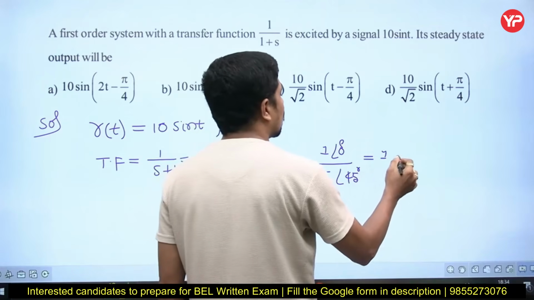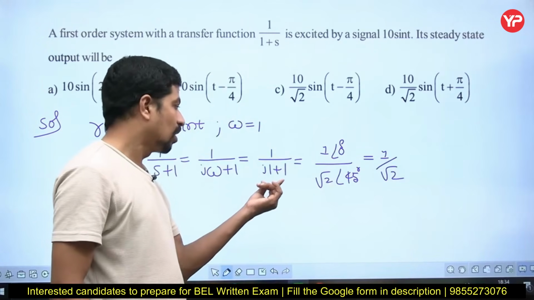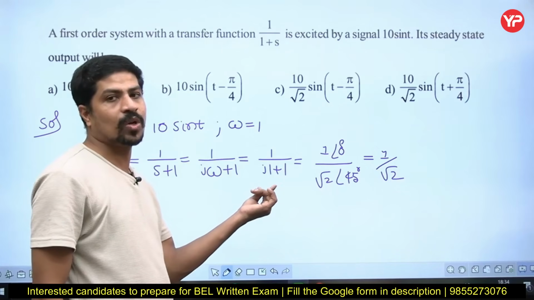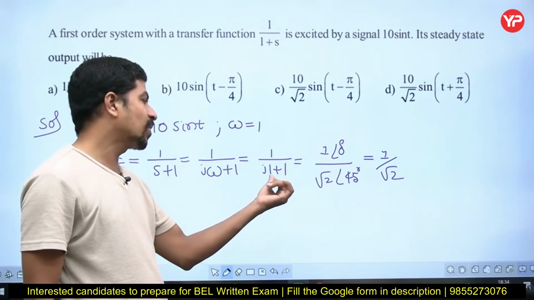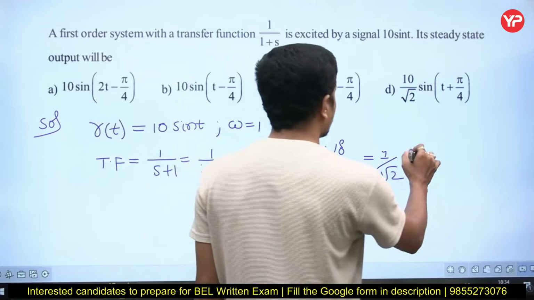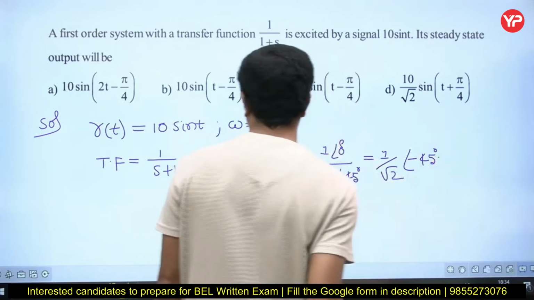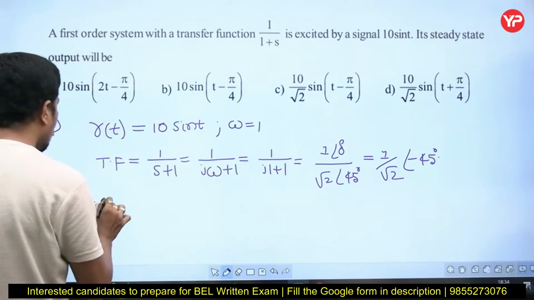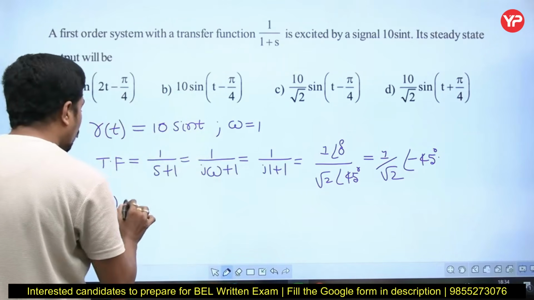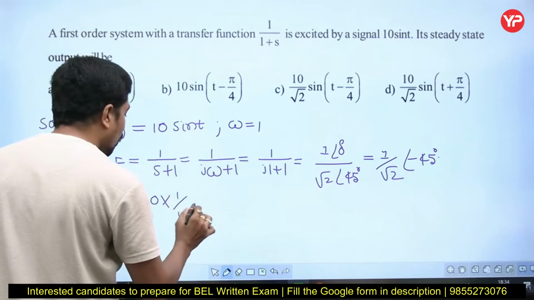You may be thinking I am writing very fast, but it is just the calculation. The denominator is the root of 1 square plus 1 square, root 2. The angle is tan inverse of imaginary by real, tan inverse of 1 by 1, which is 45. Moving it to the numerator side, it is 1 by root 2 at an angle of minus 45 degrees. Now output c of t equals input magnitude 10 into transfer function magnitude 1 by root 2.